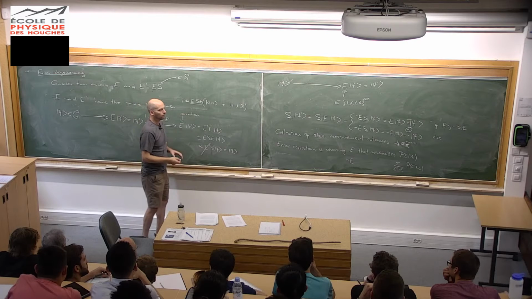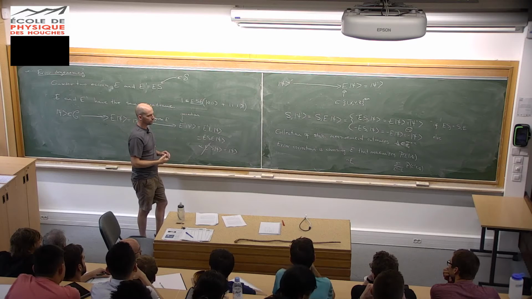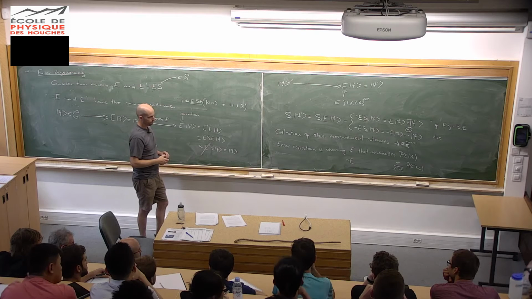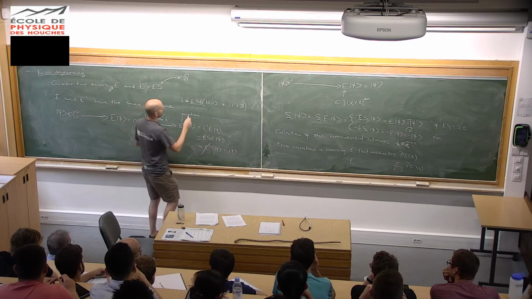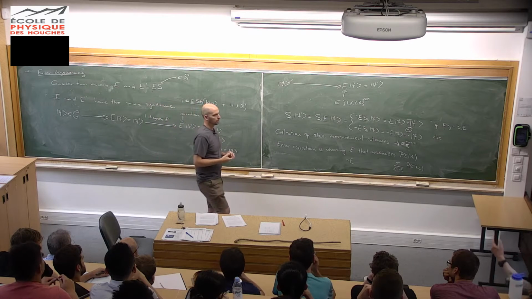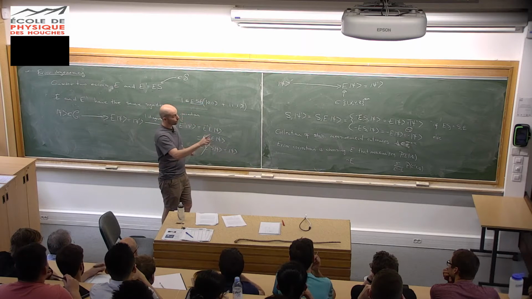I'm just saying if you had two different members of the equivalence class that differed by a minus sign, and you got one to the 0.